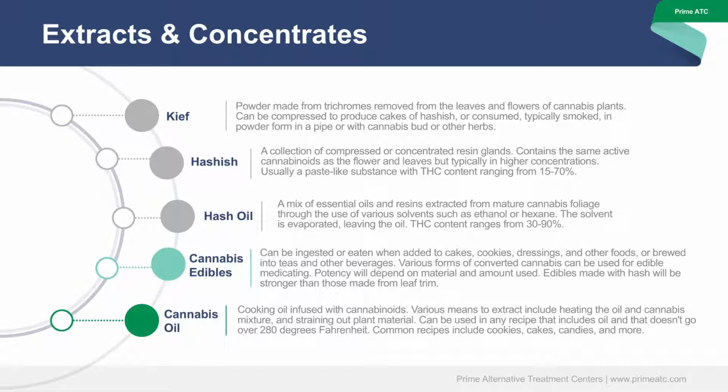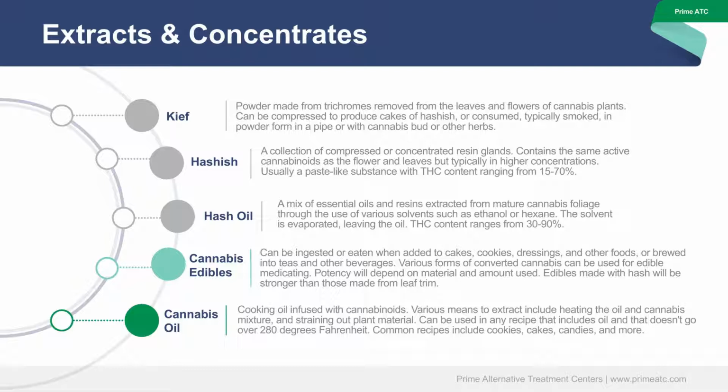The potency of the edible will depend upon the material used in making it and the amount used. Edibles made with hash will be stronger than those made with leaf trim. Edibles acquired from a medical marijuana dispensary will be labeled as far as content and dosage.